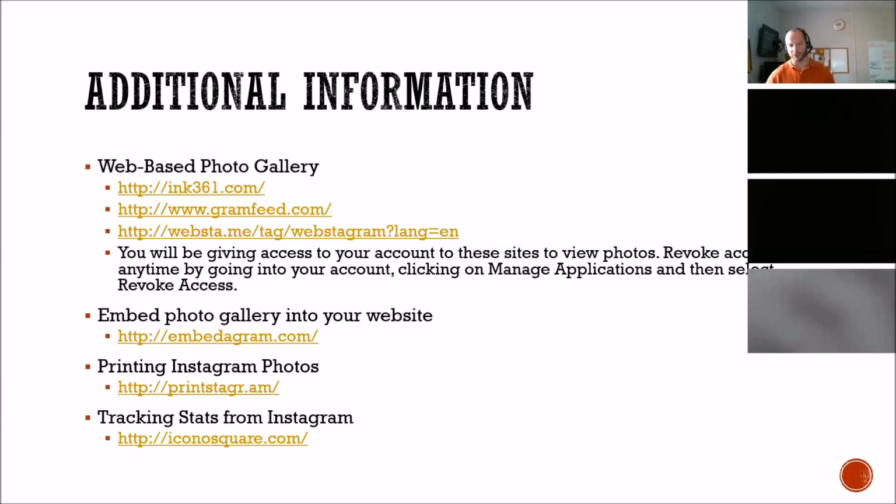So it's a really cool, in-depth website that I encourage you, as you're developing your social media strategy, to include Instagram. Checking out this iconosquare.com website and keeping up with some of the stats that are going on with your Instagram account will help you decide what's working and what's not working, areas that you may need to pay a little more attention to, or areas that are really doing well, and what you can glean from that to apply to other areas and different things like that.